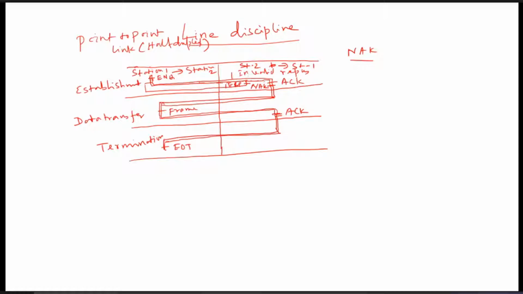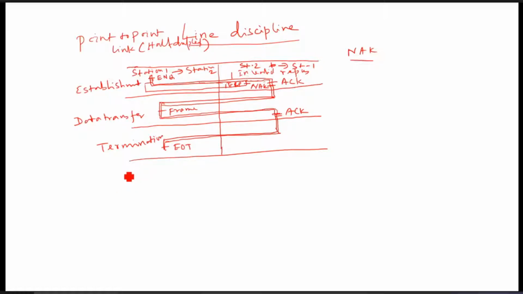In this case, one station is designated as primary and the other as secondary. Generally the primary initiates the exchange. Some protocols are there, we'll see them, high-level protocols, where the secondary may initiate the data transfer. We'll see some exceptional cases. This is the general protocol we are discussing, so that is point-to-point links.